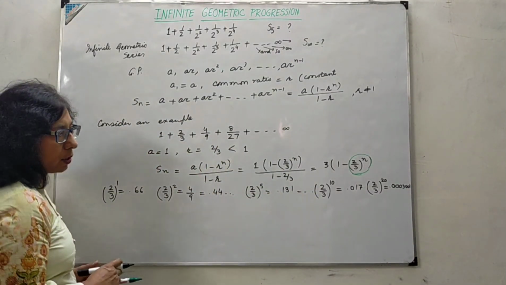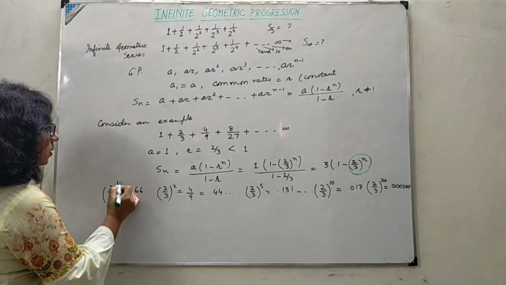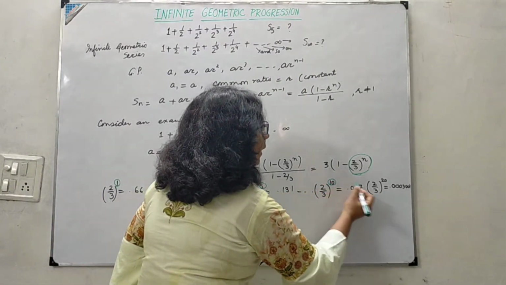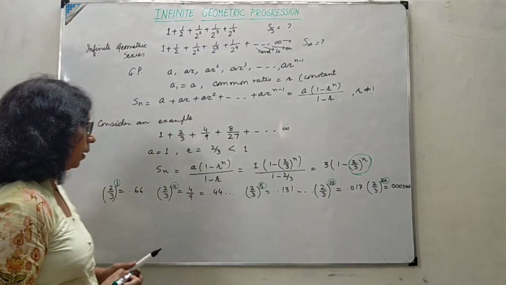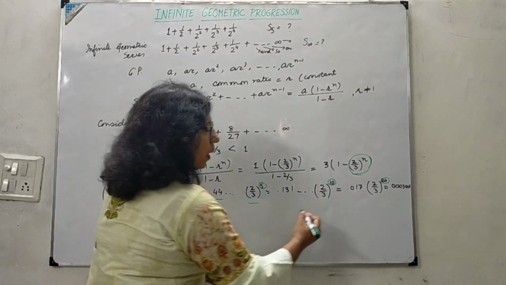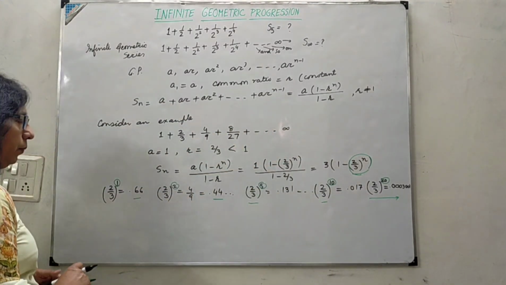So what are you seeing over here, children? If I increase the power n and it becomes very large, you can see the values of 2 by 3 to the power n are very close to 0.